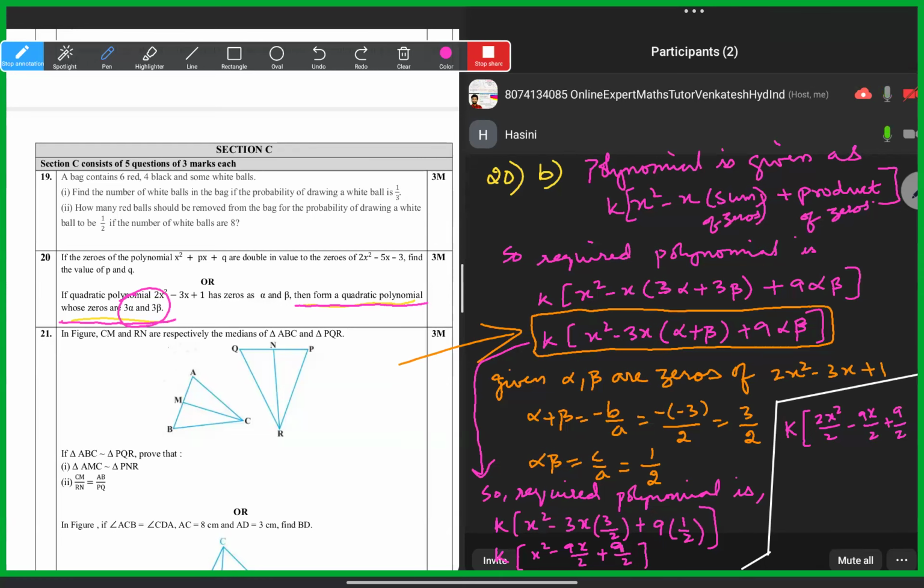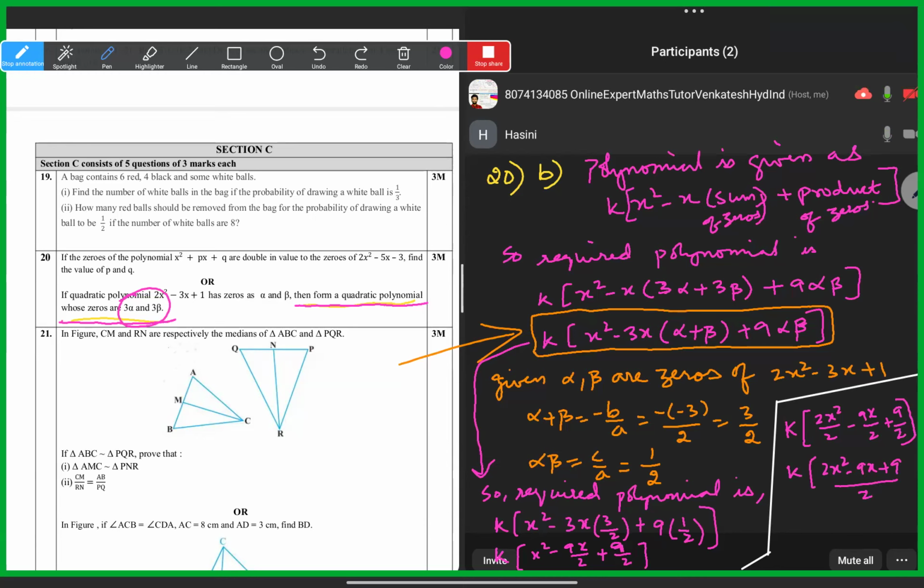Yes, sir. Okay, so now can I write it like k into 2x square minus 9x plus 9 by 2? Yes, sir.